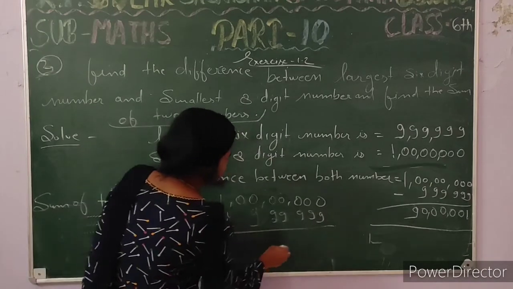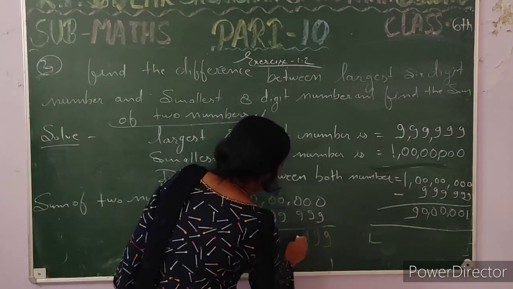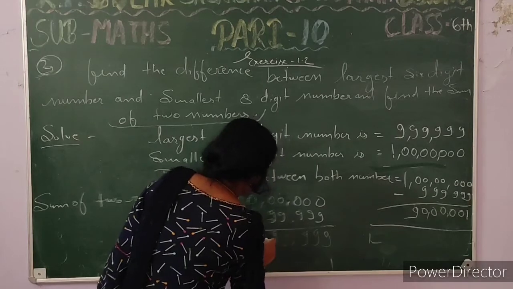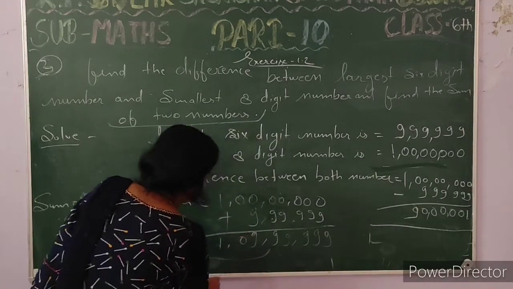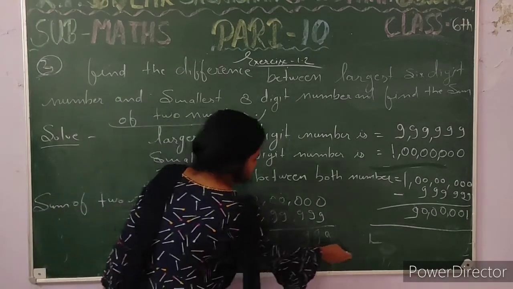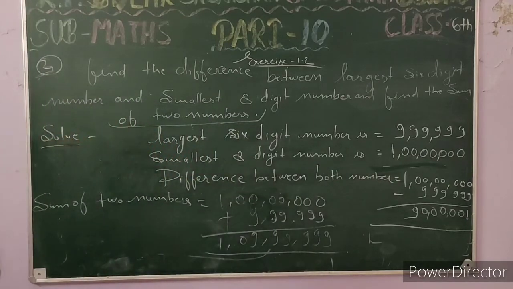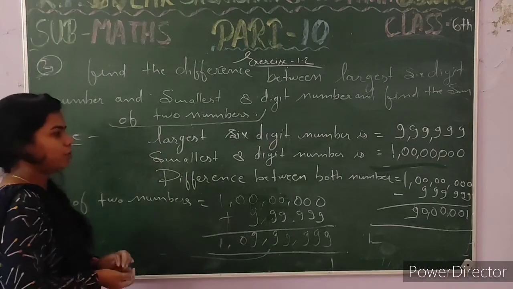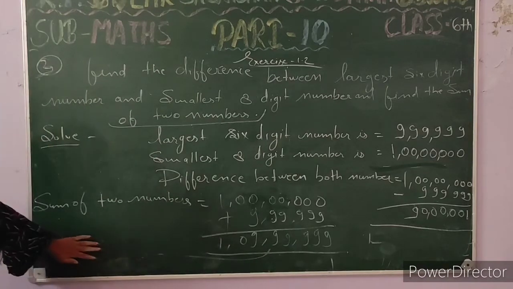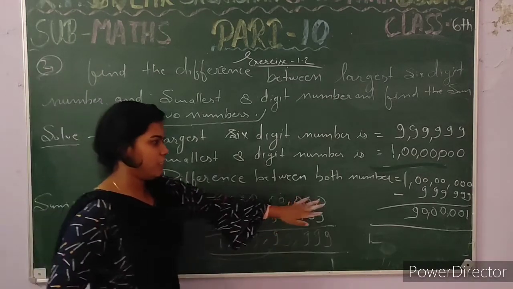You add this, then your answer will be 1 crore 9,99,999. In this question, you can write: hence the sum of the two numbers, hence the difference between.